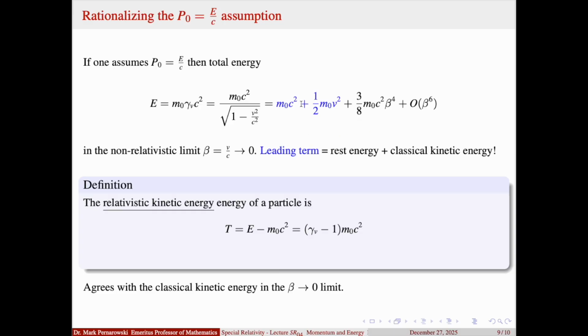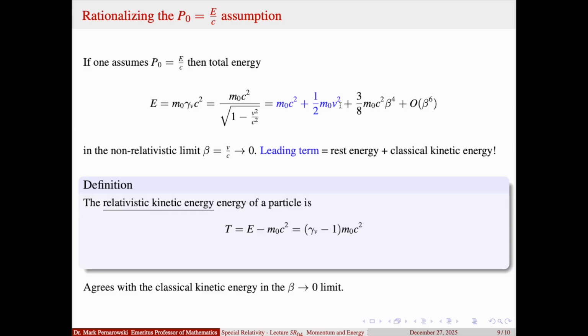And it has a leading term in blue, and then a correction term to the order of beta to the fourth, plus other correction terms. That means that the total energy, according to this formula, is necessarily this blue expression at low velocities.